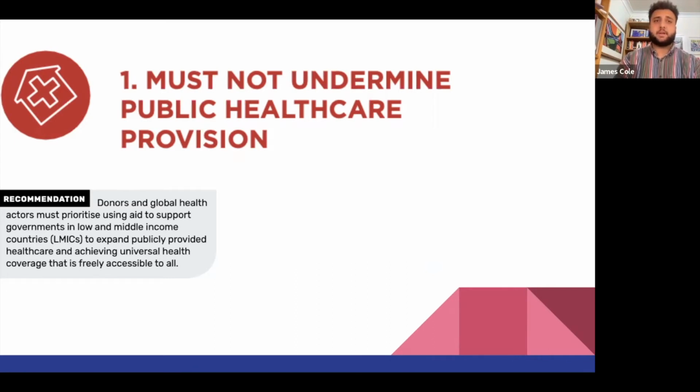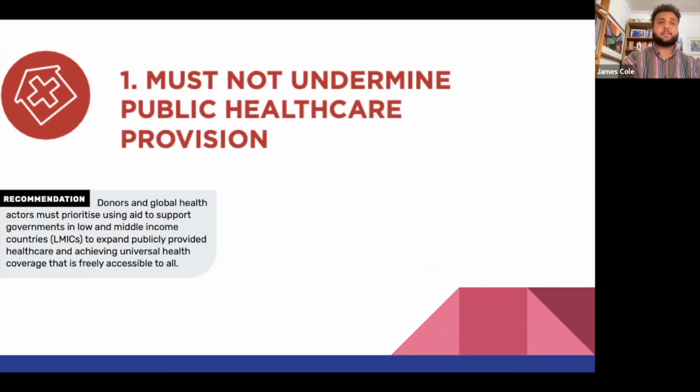Whereas we've seen private health expenditure being negatively correlated to health outcomes and undermining public health provision by often diverting scarce resources.